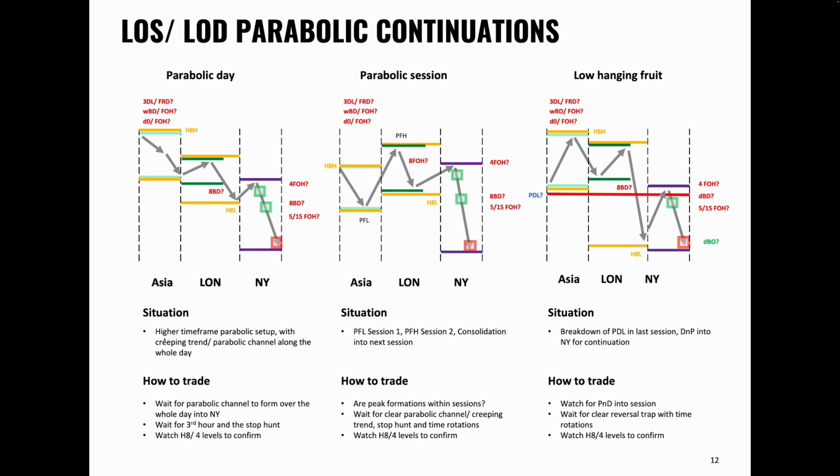So you wait for later in the session, maybe the stop hunt comes also with equity open, but you really want to clearly see the stop hunt, and only if the New York volume is trapped in the wrong direction, then you follow it. So watch 8-hour, 4-hour levels to confirm. As you see here, it's almost a low-hanging fruit continuation, potentially 8-hour breakdown.